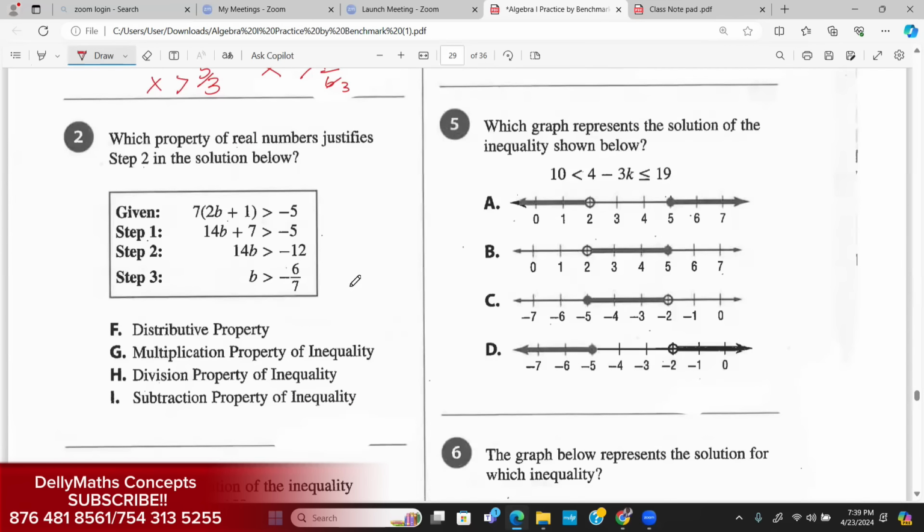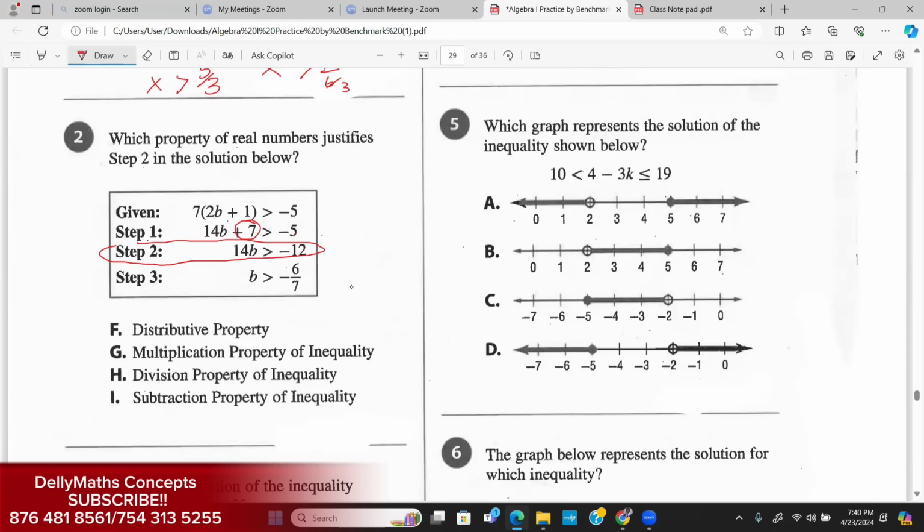Let's go through question 2. It says, which property of real numbers justifies step 2 in the solution below? So here is step 2. We have to pay attention. At step 1, we distribute, but at step 2, the 7 is gone, and the negative 5 turned into negative 12.